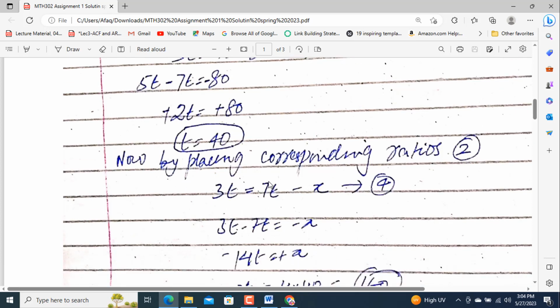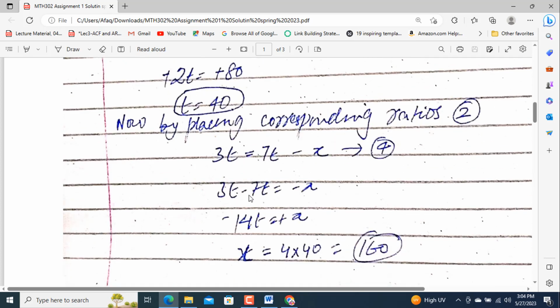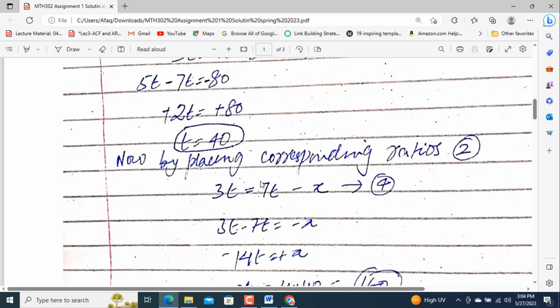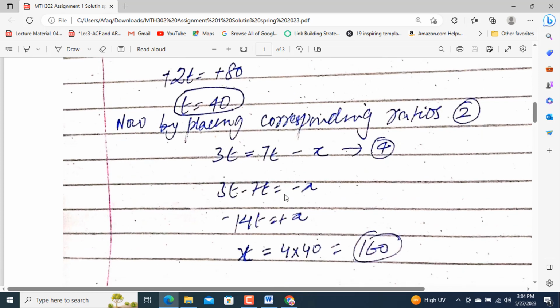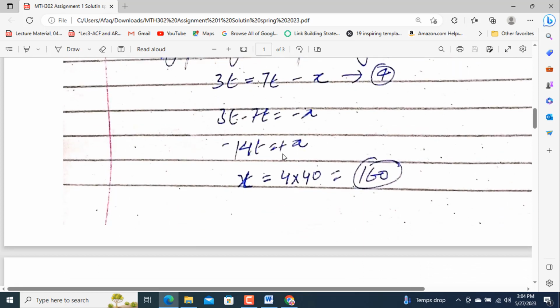Now placing the corresponding ratios in equation 2, we know that 3T is the share of Raza and 7T is the share of Haider minus X, and X is the amount of milk that Haider gives to Raza. So 3T minus 7T, as in the previous equation, when 7T moves from right to left, its sign changes to negative, equals minus X. So minus 4T is equal to minus X, the minus signs cancel each other and turn positive.